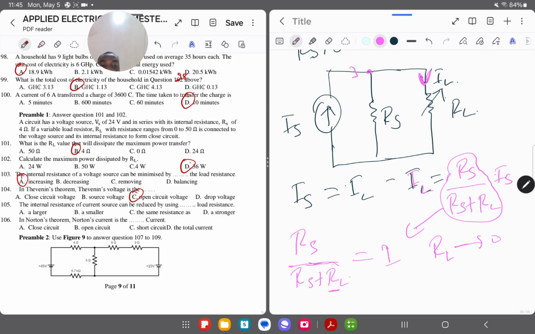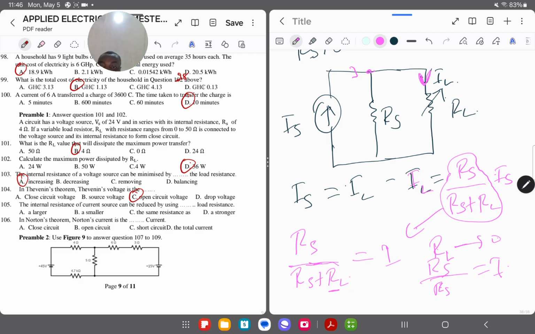So if RL is very small compared to RS, you can see that I'll get RS over RS. So if it's very small, that means you get here to be 1. So here you choose a very small load resistance. So the internal resistance of the current source can be reduced by using a larger load resistance.